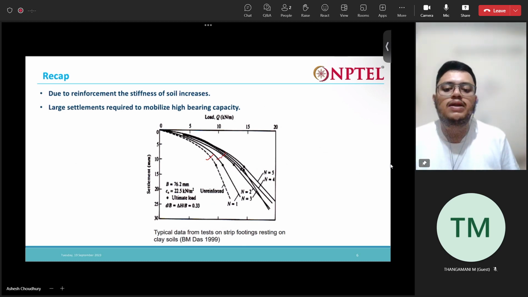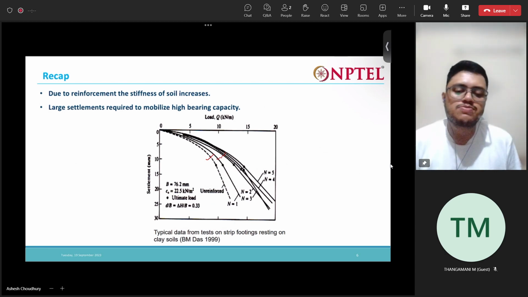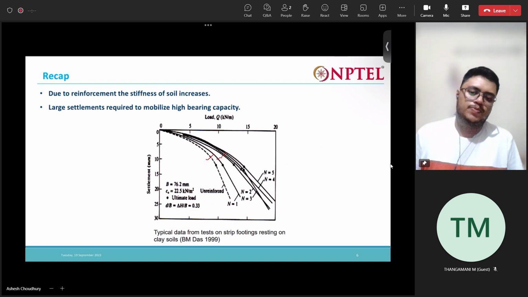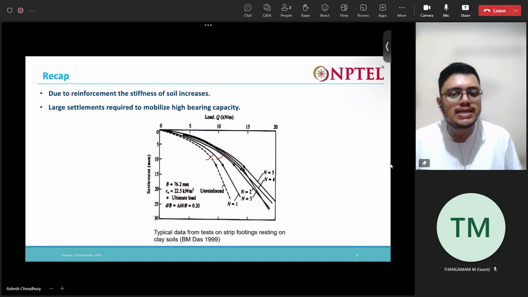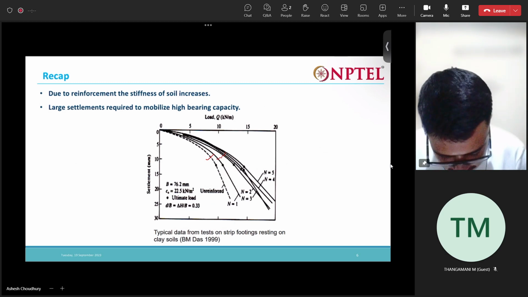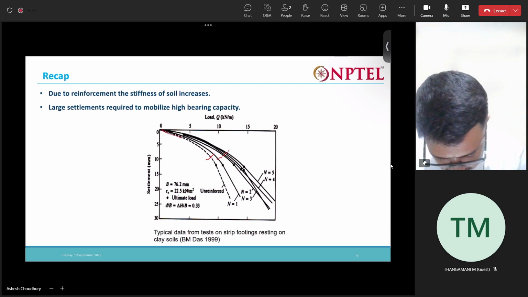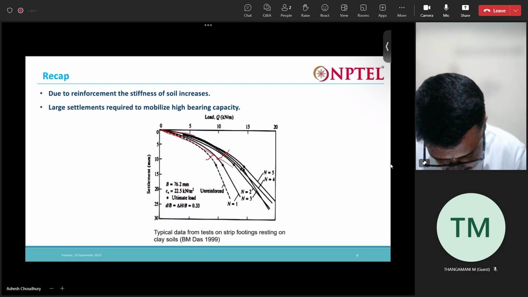Here N equal to 1, N equal to 2, 3, 4, 5 means the number of layers of reinforcement that you have provided. So you can see that as we increase the number of reinforcement layers, the load capacity is increasing, and the soil is also becoming stiffer. Initially, if we take the initial modulus, it was something like this, but then you can see it has become stiffer.